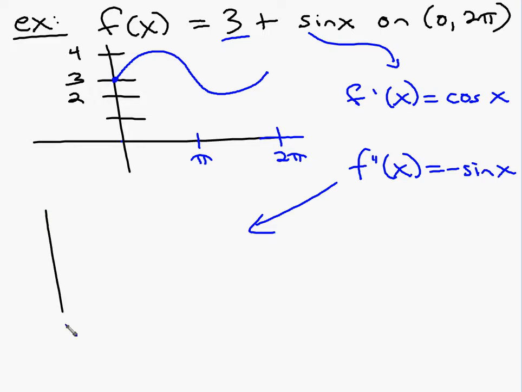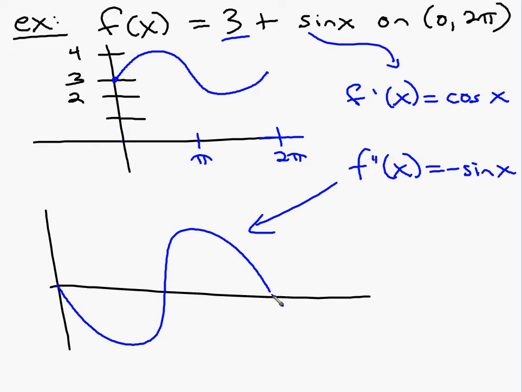So this function is just going to do this, okay? Instead of going up, it's going to go down. This is still going to be 2 pi. This is still going to be pi. And remember what this thing is. This is the second derivative. This is the graph of the second derivative.